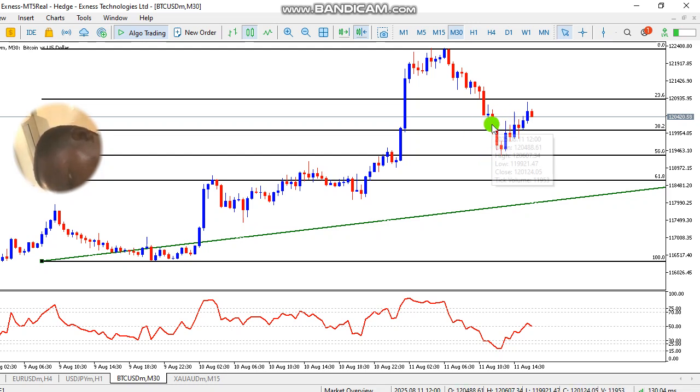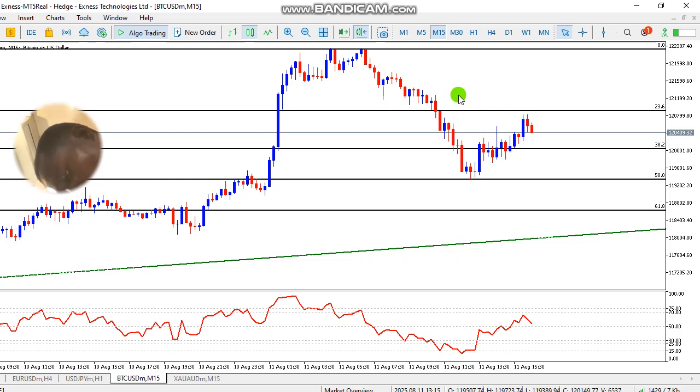In this particular case, we saw a bullish engulfing candle that validates that the uptrend will continue. After the close of this bullish engulfing candle, we buy the market. We place our stop loss just below this particular candle, and our take profit should be the resistance area that is here. So this is how we use the Fibonacci to make our decision.